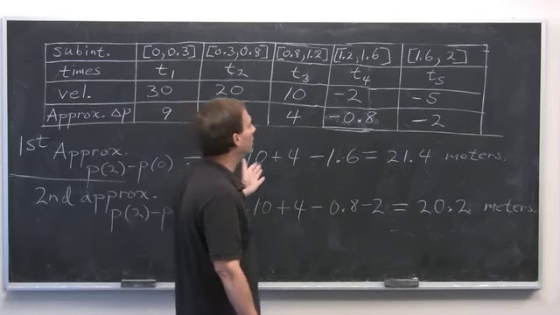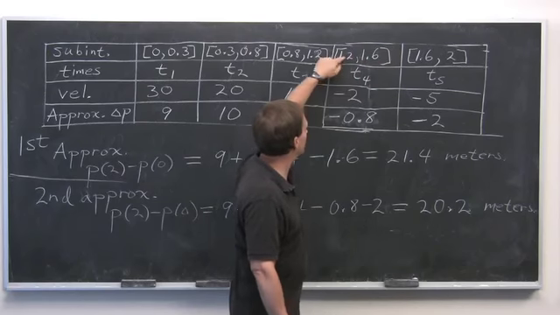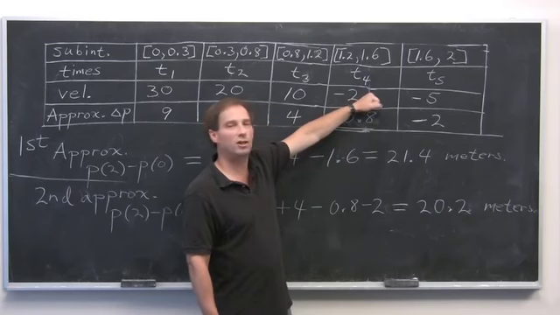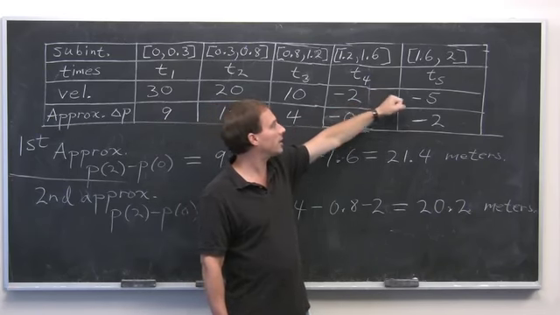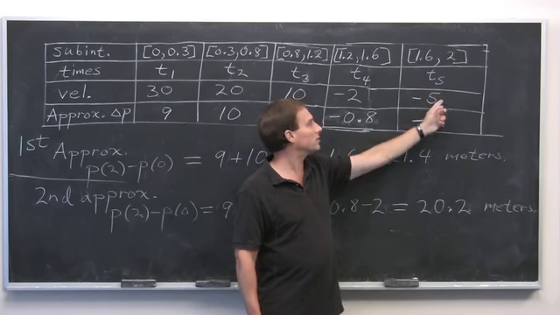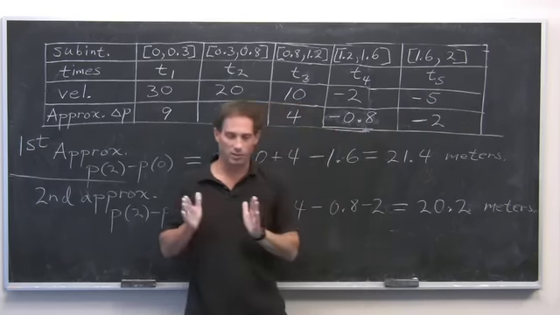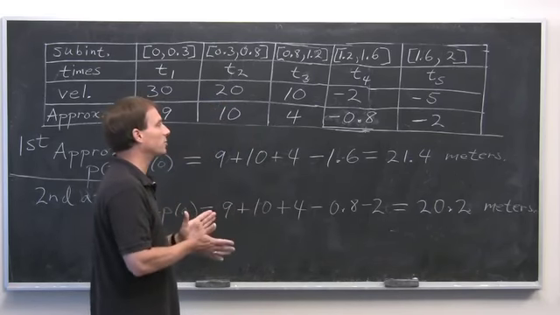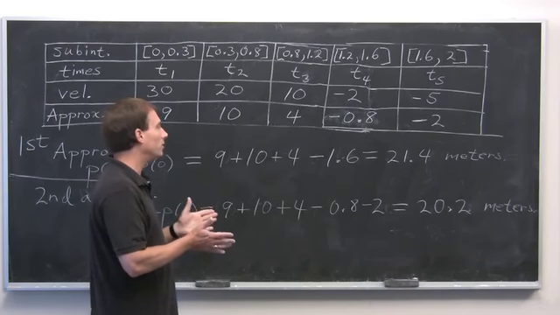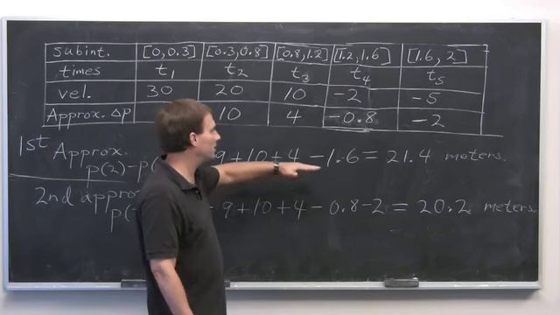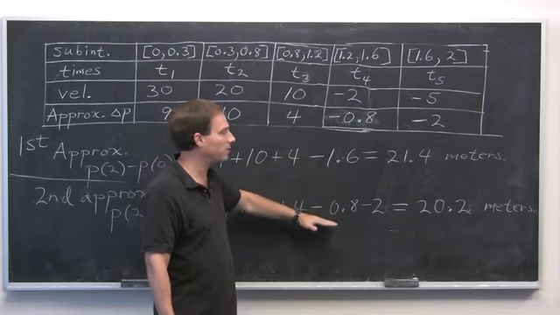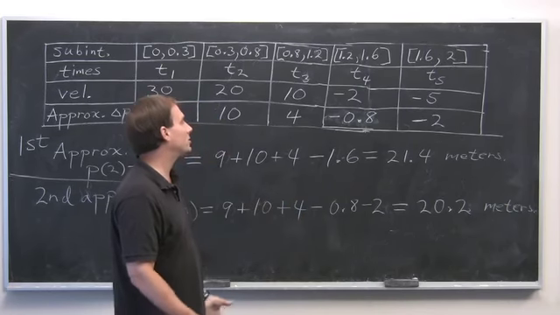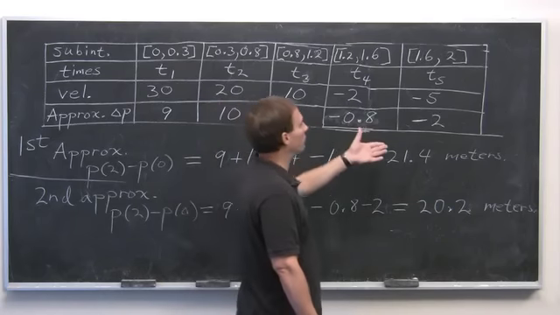It's conceivable that on the subinterval from 1.2 to 2, the velocity is always very close to -2, except ridiculously close to T5 the velocity is -5, but almost every place else it's closer to -2. Well, if that were the case, then this approximation could easily be better than this one, and you would expect it to be. Now, it's kind of hard to believe because we were down to 0.4 seconds.